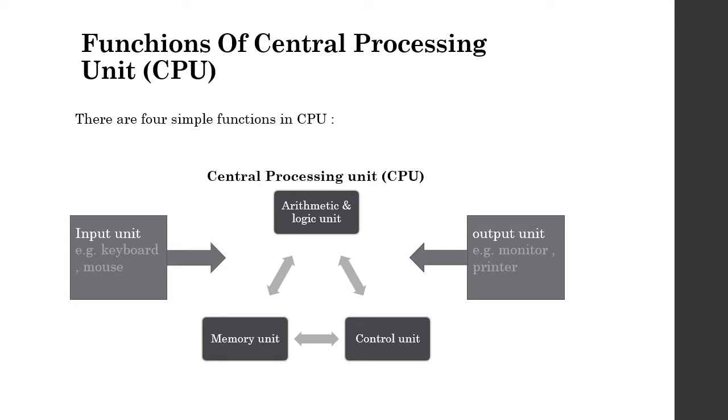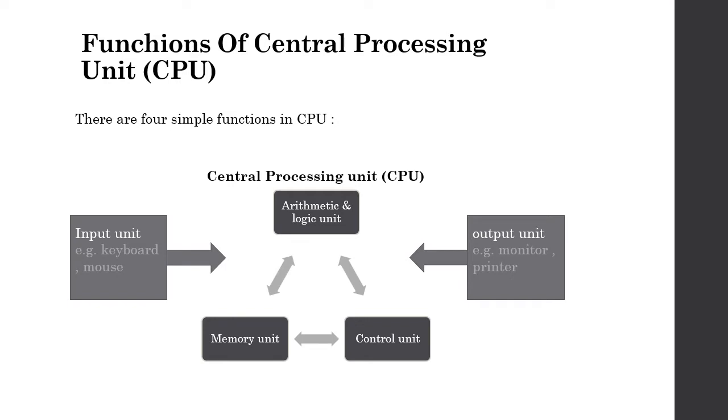And then the second function is that the CPU processes this input data through processing and calculation. After that, the third function is that the CPU provides the processed data through the output unit, with output devices such as a monitor, printer, scanner, and so on.